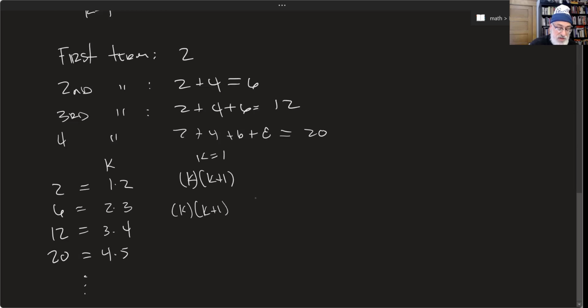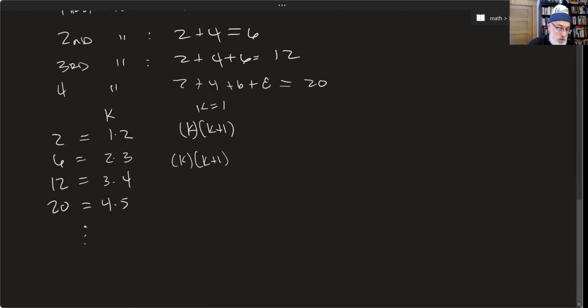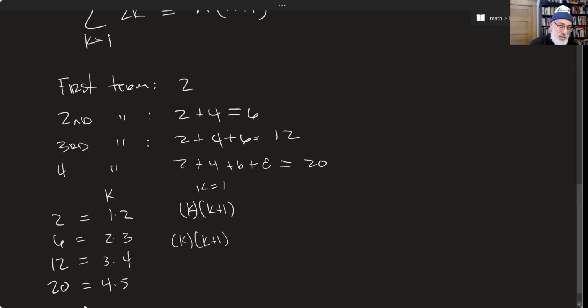So a valid hypothesis then would be, if I sum from 1 to n of 2k, let's say that we get n times n plus 1. And that's just based on this pattern, 1 times 2, 2 times 3, 3 times 4, 4 times 5. I'm multiplying consecutive integers. So that's our hypothesis.